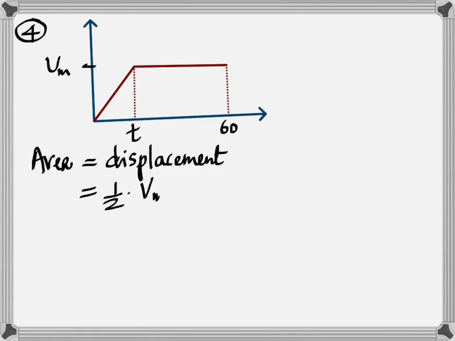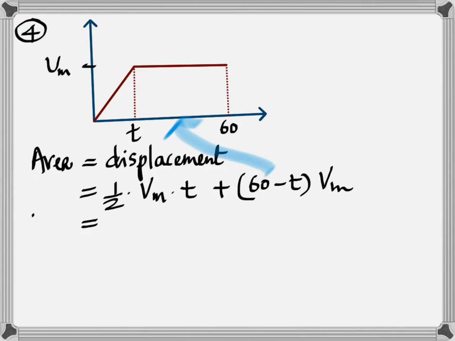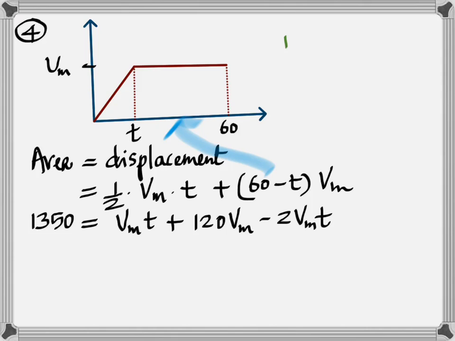So you have the area of the triangle added to the area of the rectangle, which is half base times height plus length times width. And here I'm multiplying by 2 on the right side, but I've forgotten to multiply on the left side by 2. I'll do that later.